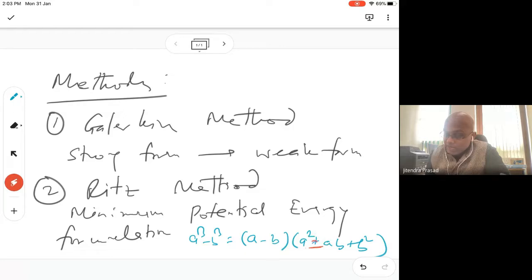Because of that, we got the error. So you can replace it yourself, put plus there, and see whether you get the correct answer or not. Did anybody do it?